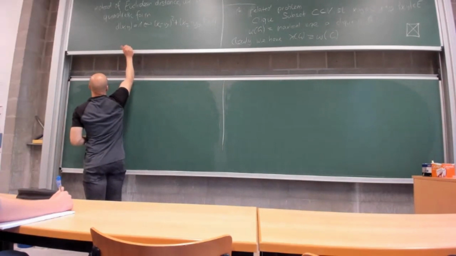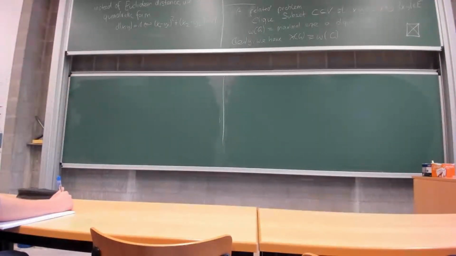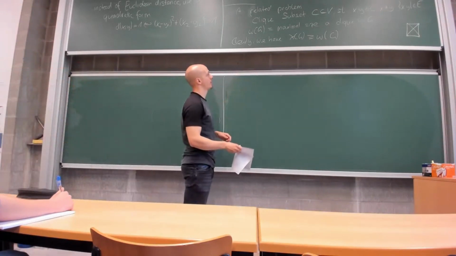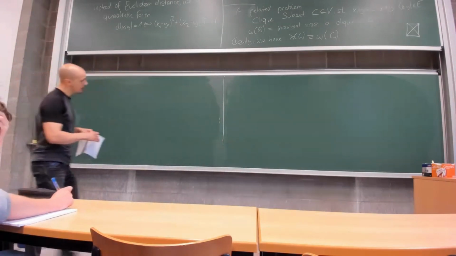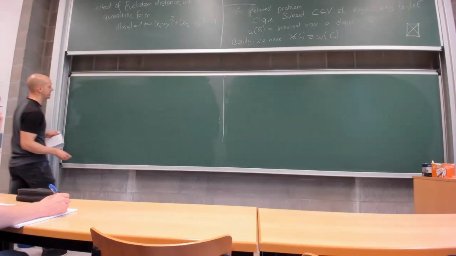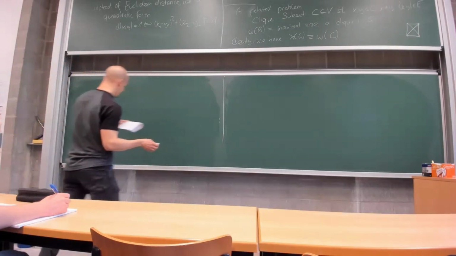Okay, so I would now like to explain how it was possible to compute the clique numbers more or less explicitly in many cases. The first step is we do not have to consider the whole graph.